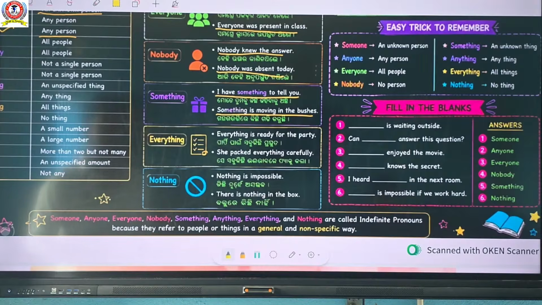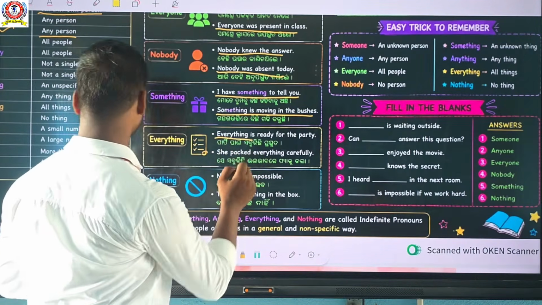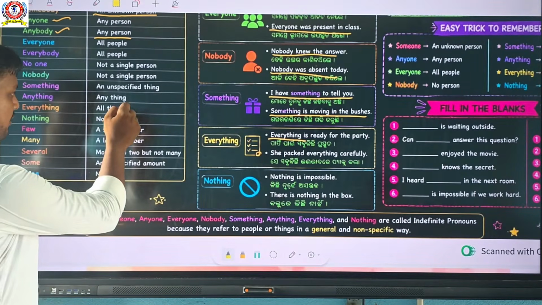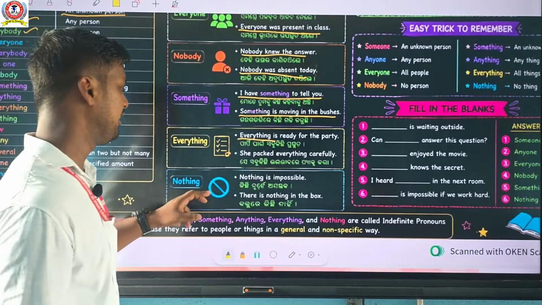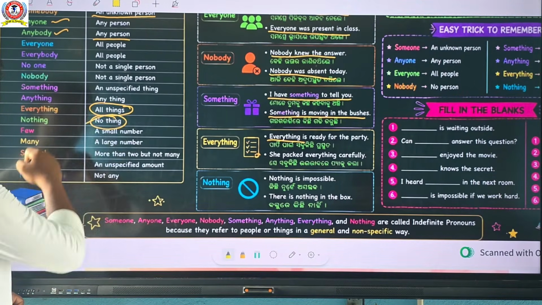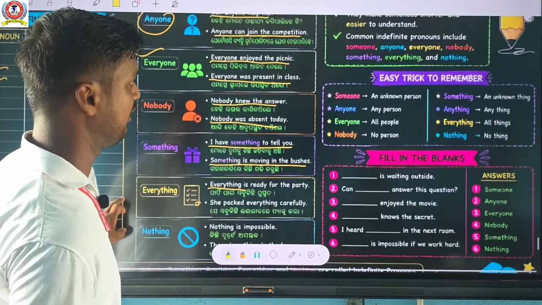Everything is ready for the party. Everything refers to all things. Okay, nothing refers to nothing.